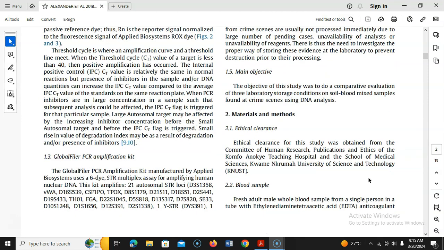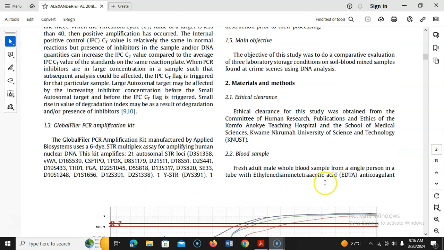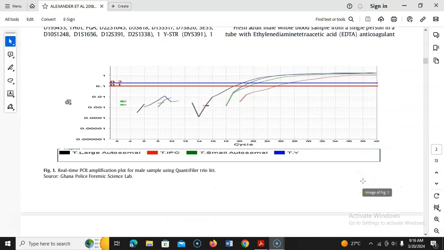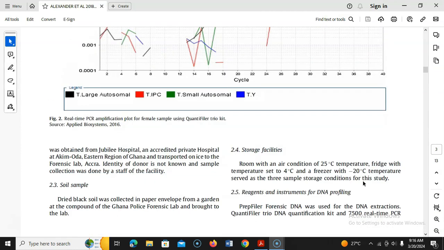Materials and methods. So let's look at how they did the work. Blood sample: fresh adult male whole blood sample from a single person in a tube with EDTA anticoagulant was obtained from Dublin Hospital, an accredited private hospital in Nkawkaw in the eastern region of Ghana, and transported on ice to the lab.